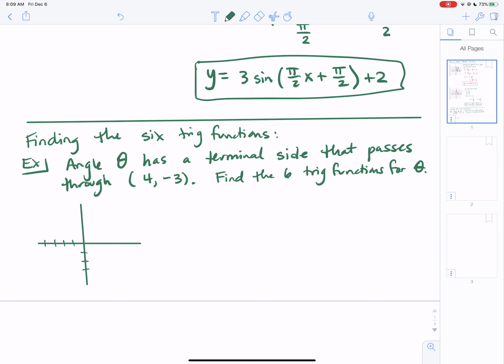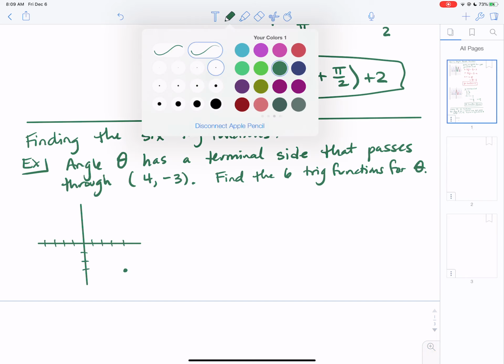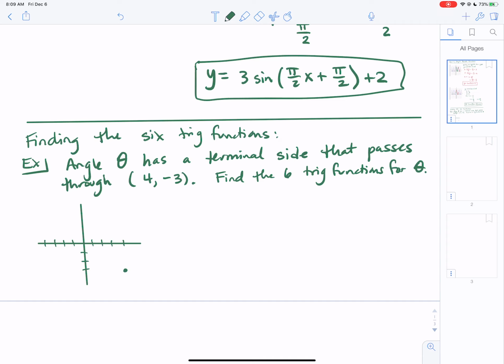Ooh, it would help if I went the right way. Okay, so there's 4, -3. And we are going to make a triangle, with a hypotenuse starting at the origin and then going through the point 4, -3.